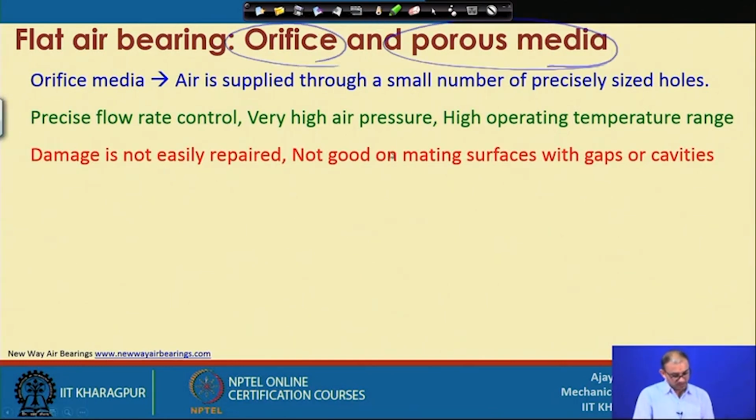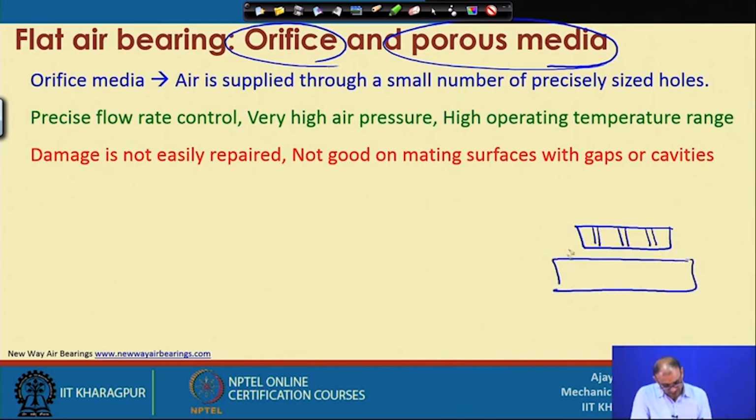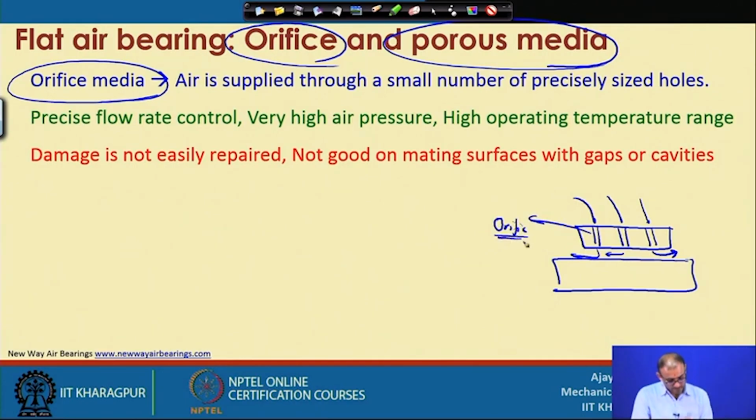Suppose you consider this is your plate and you are drilling some holes here, and this is the bottom surface, and you are supplying air in such a way that air passes through this side. This is called the orifice media type. Whatever hole is there, you consider it an orifice. This is the way it works in this case.